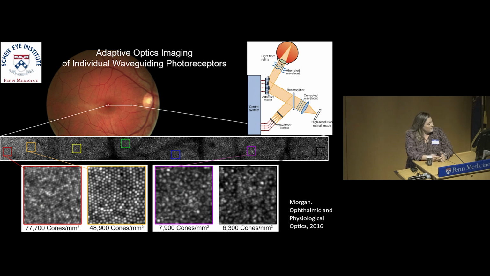With adaptive optics, we can effectively zoom in and have high resolution that allows us to see individual cone photoreceptors in the living human eye. The bottom left picture is the cone mosaic at the fovea of this normal-sighted control, where each bright spot is an individual cone photoreceptor.